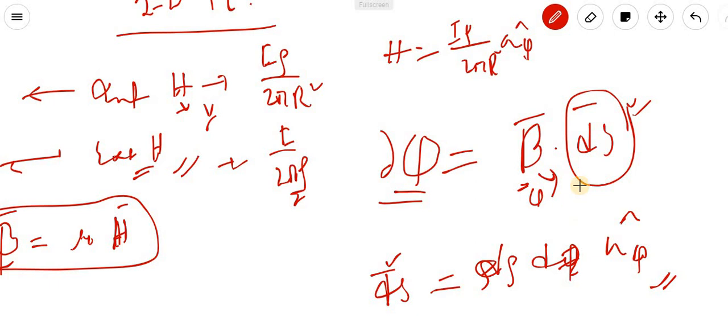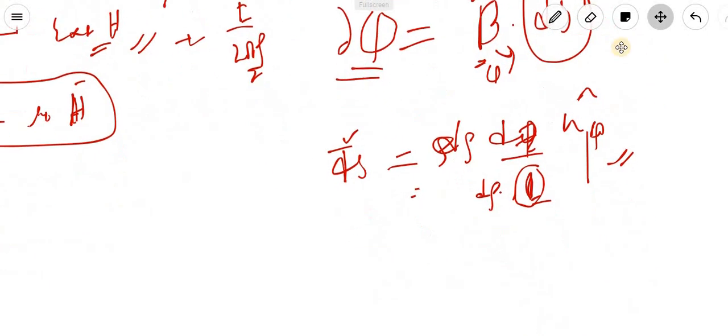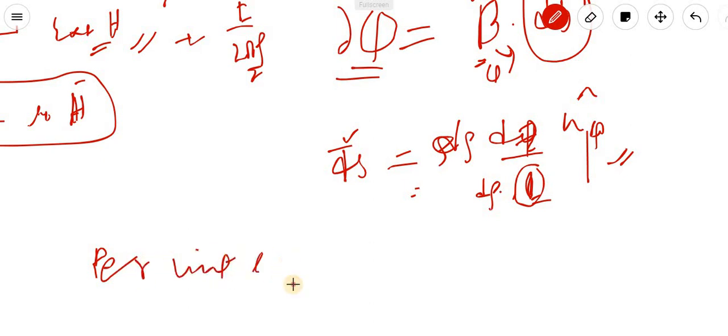So this ds we can consider as d rho into z, if we consider z as the length of the conductor, so d rho into L. If you consider per unit length, it would be d rho only.